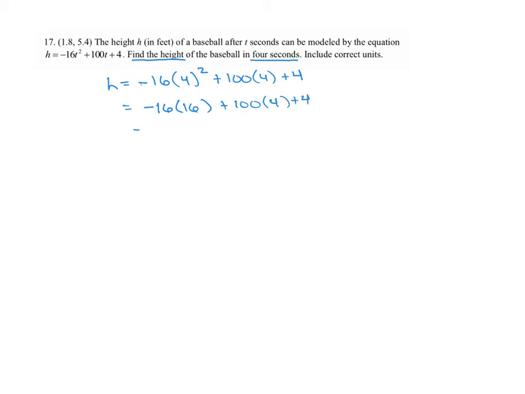Negative 16 times 16 is negative 256. 100 times 4 is 400. Plus 4. And so now if we simplify this, we get h equals 148, and we are told height is in feet.